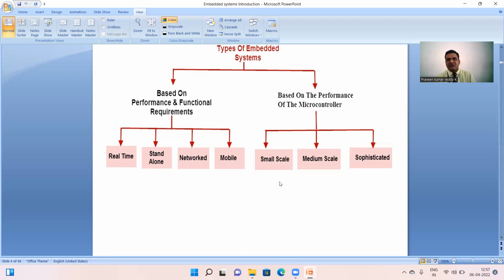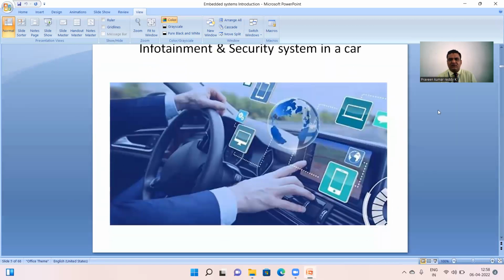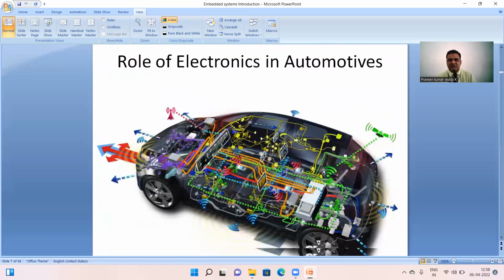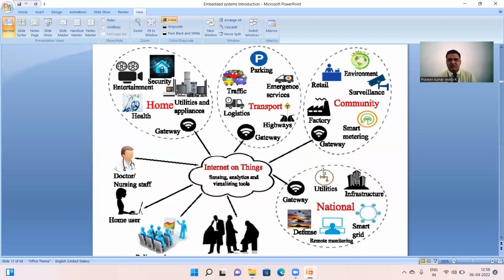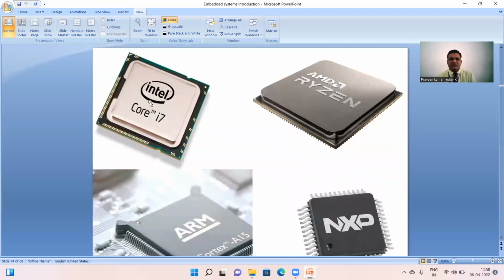Depending on the application, there are various microprocessors available in the market, and we have to choose one for our application. Let's say we have various manufacturers of microprocessors: Intel, AMD, ARM, NXP, that is Philips Semiconductors. All these are manufacturers of microprocessors.